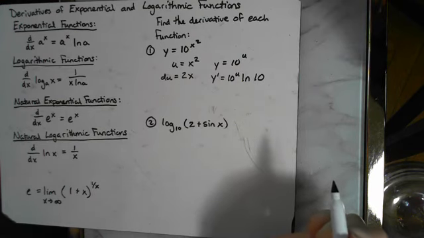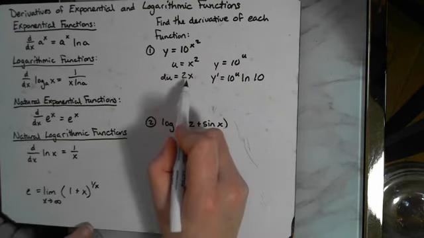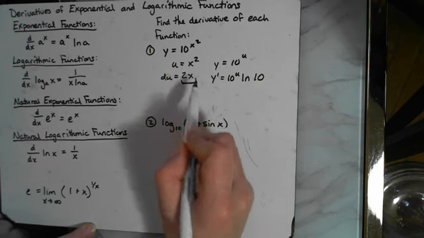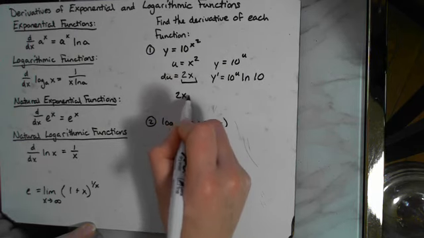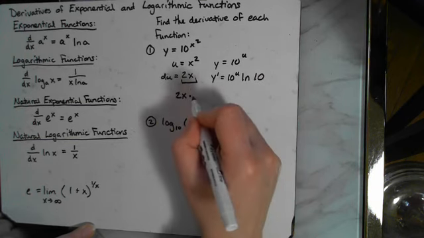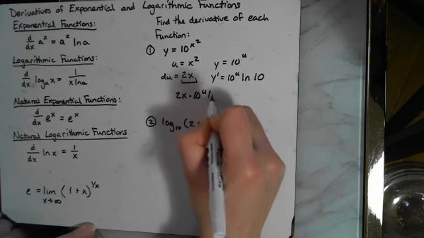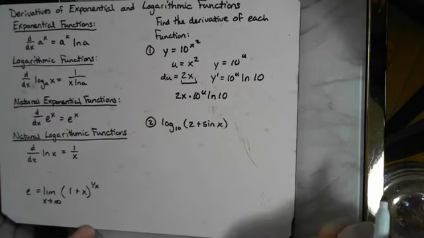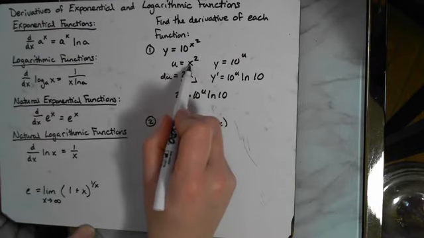Okay, so next what I'm going to do is I'm going to take my derivative of the inside function times this derivative of the outside function, 10 to the u natural log of 10. And then I'm going to replace the u with what it was.